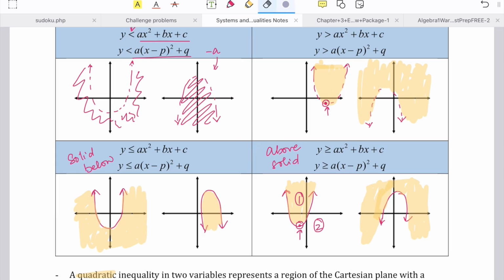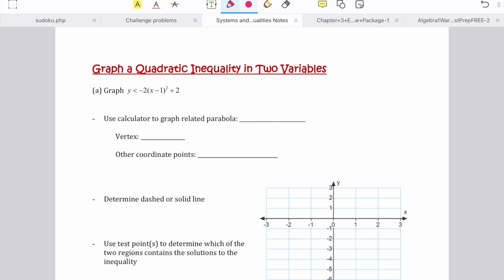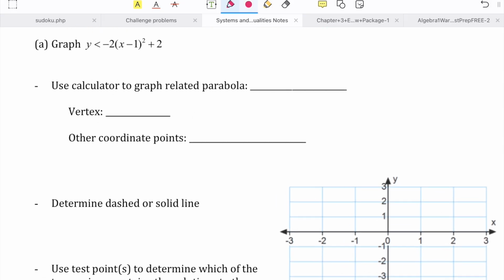Okay, now I want you to graph this, and I don't want you to use a calculator for this one. So if we were to use a calculator, what would you put in the calculator to figure out the graph of it? It'll be y equal to. Okay, what's our vertex here?